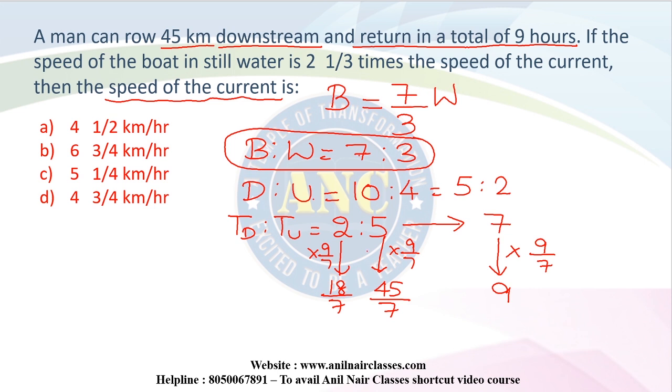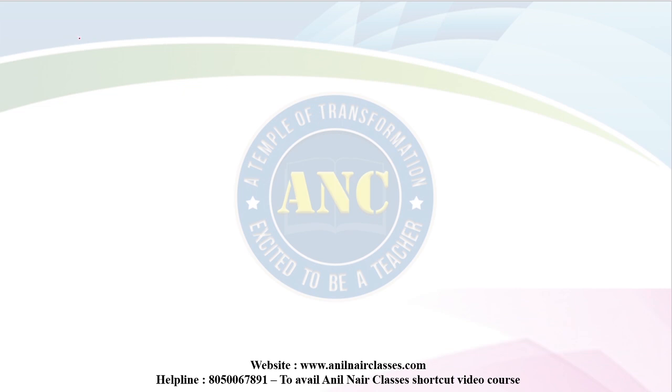So we know the time of downstream and upstream. We also need to find the exact values of downstream speed and upstream speed. It is given that a man can row 45 kilometers downstream. So downstream speed is distance divided by time, 45 divided by 18 by 7.